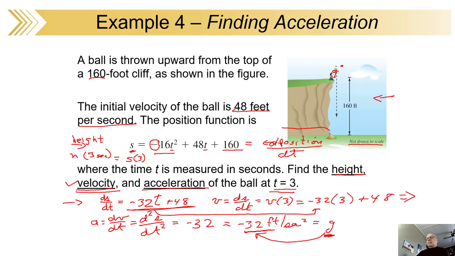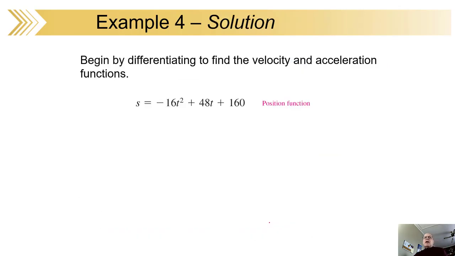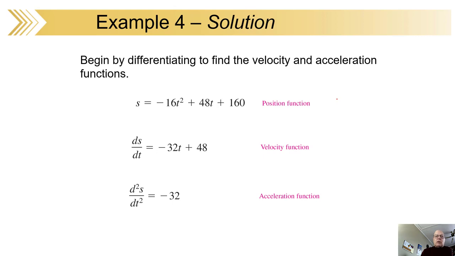Enough physics. So there's our position function, our velocity function, and our acceleration function without the units. Remember the first one? The units on this one will be feet. The units on this one will be feet per second, just like miles per hour.